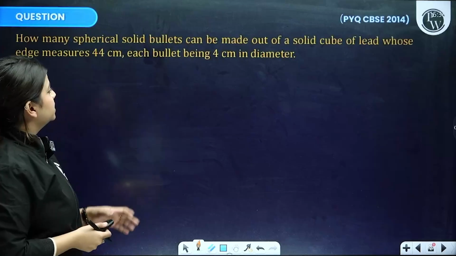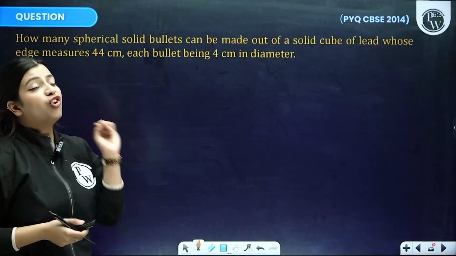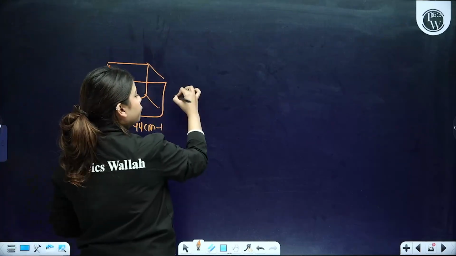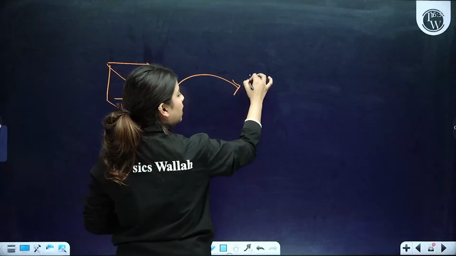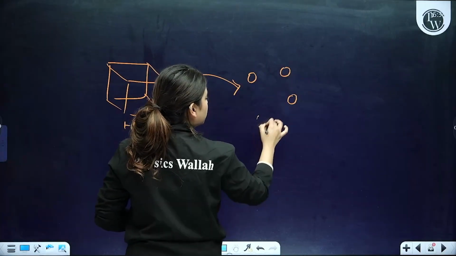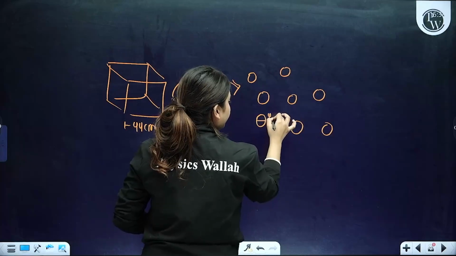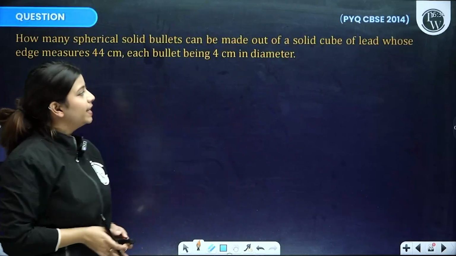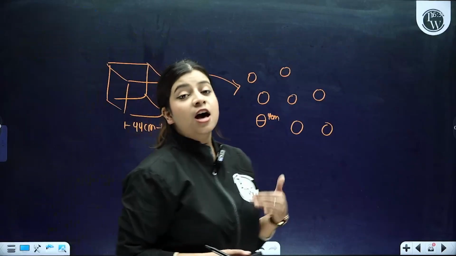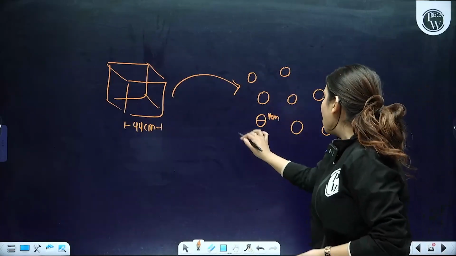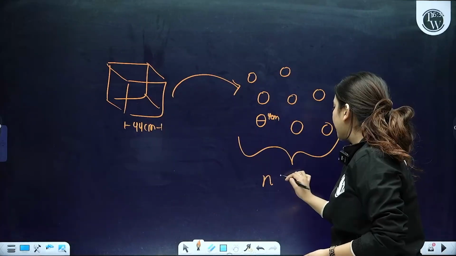Now the next thing they are saying is each bullet being 4 centimeter in diameter. So from this big cube, we are making small spherical lead shots, right? And the diameter of each lead shot is given to us as 4 centimeter. They are just asking how many such lead shots can we make?